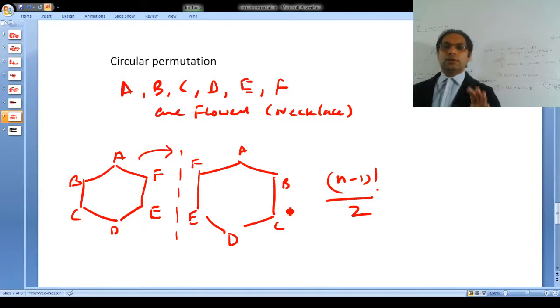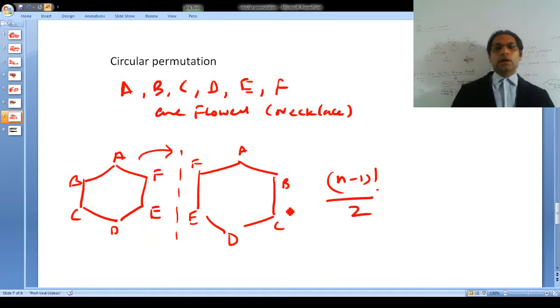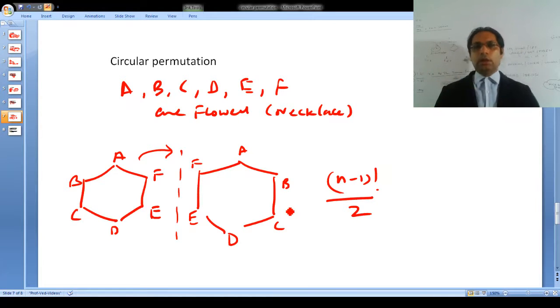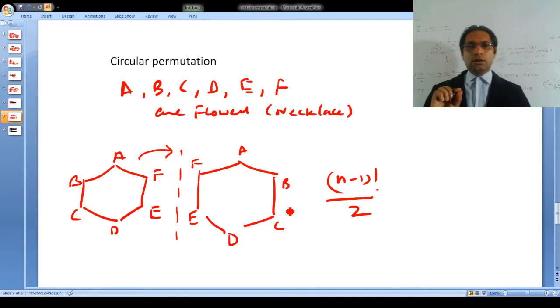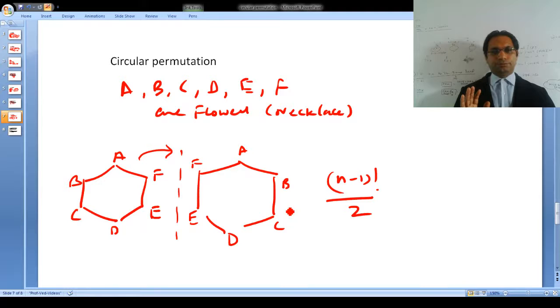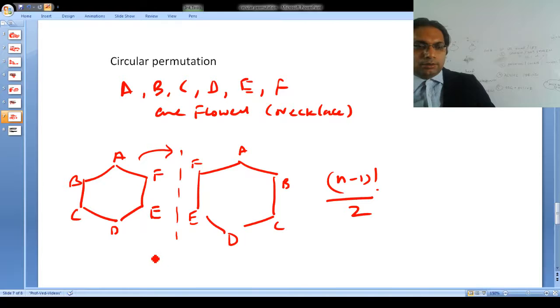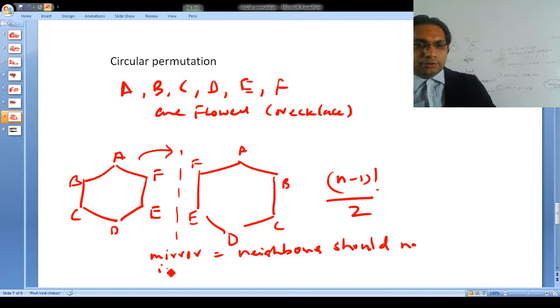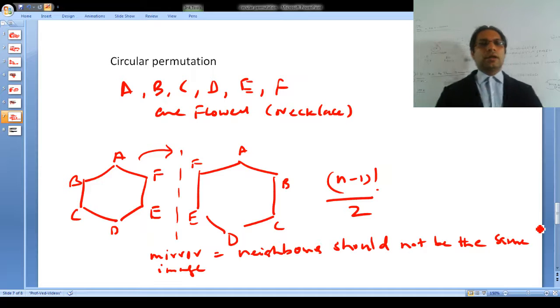So if you are asked how many circular permutations are possible, but the neighbors should not be the same, then this mirror case is equal to the neighbors-should-not-be-the-same case, because only in the case of mirror images are the neighbors the same.